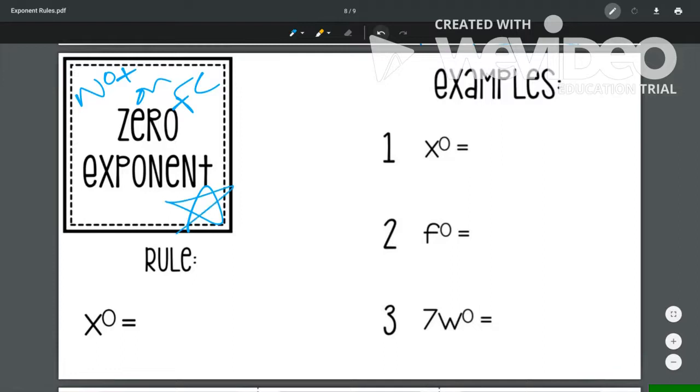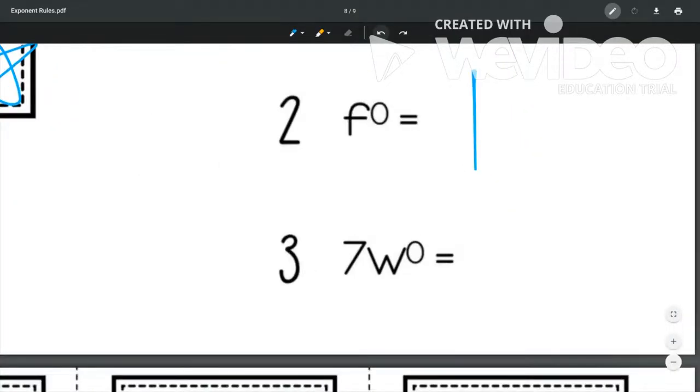There we go. That's a better start. And anything to zero power is 1. So x to the zero power is 1. F to the zero power is 1. And now you might think this is 1. It's not. This is how they're going to try to trick you, because they are not only expecting but planning and definitely depending upon you missing the 7 right here. You have to remember that this is saying 7 times w to the 0 power.